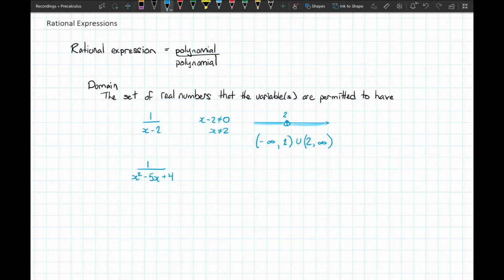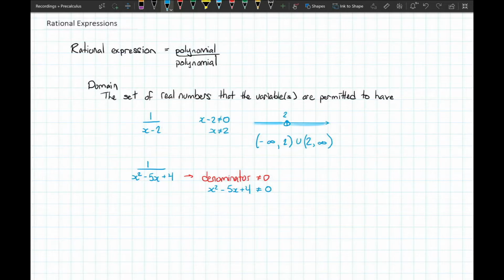The only thing that we're really concerned about here is when does the denominator equal 0, and those are the values we're not permitted. So essentially, the denominator cannot equal 0. And we can write that down immediately as an equation. X squared minus 5x plus 4 may not equal 0.